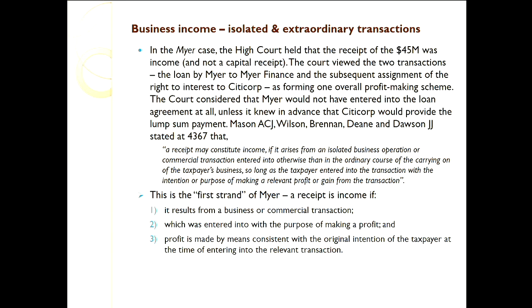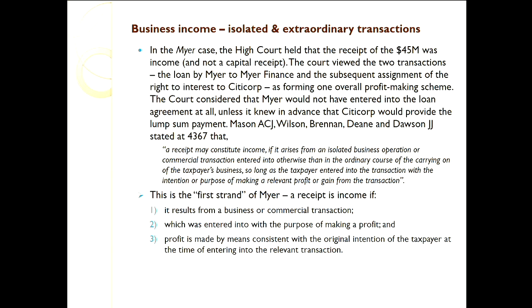Now, the High Court, and it is really quite a tricky case, and the judgment is not easy to understand, and I think your book makes that point. The court held the $45 million lump sum is income.